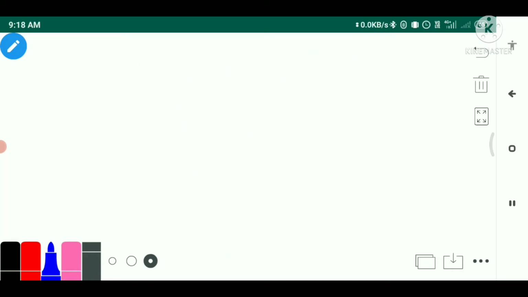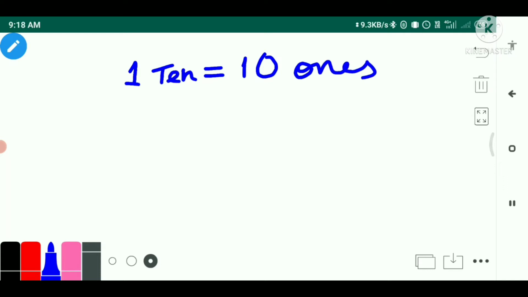Okay, so before subtracting any number, you should know that 1 ten is equal to 10 ones. So whenever you borrow 1 from the tens place, it will become 10 for the ones place.